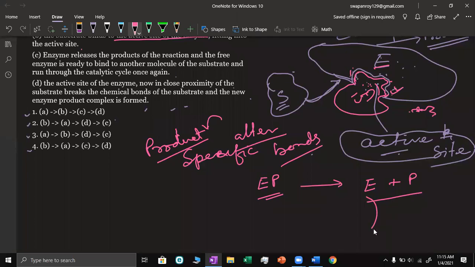This enzyme is free now to join again to a substrate.